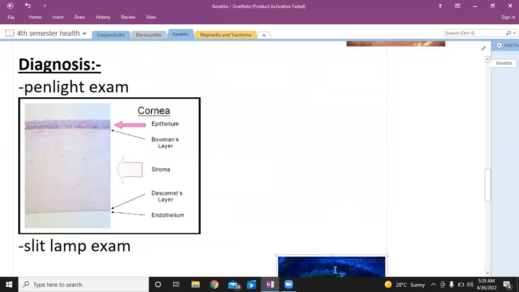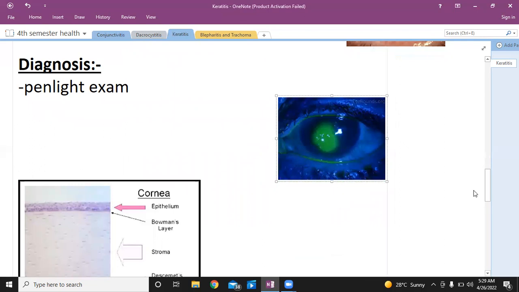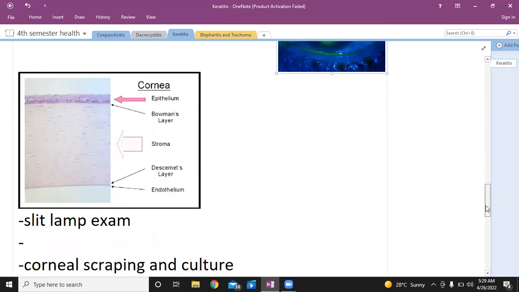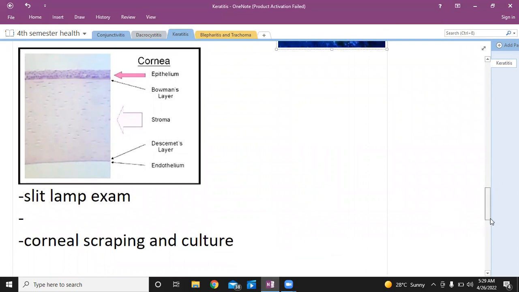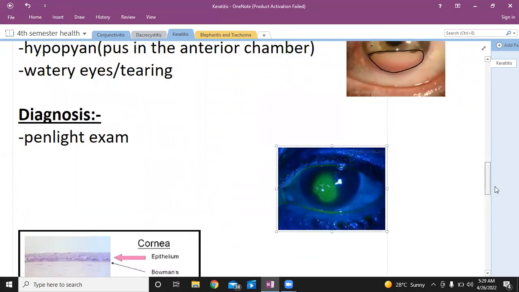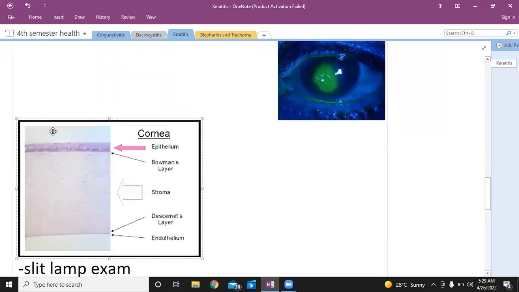Make your concept clear about this. What was I talking about? Just wait a minute. Things are not in order, but okay, this is the cornea and these are the corneal layers.